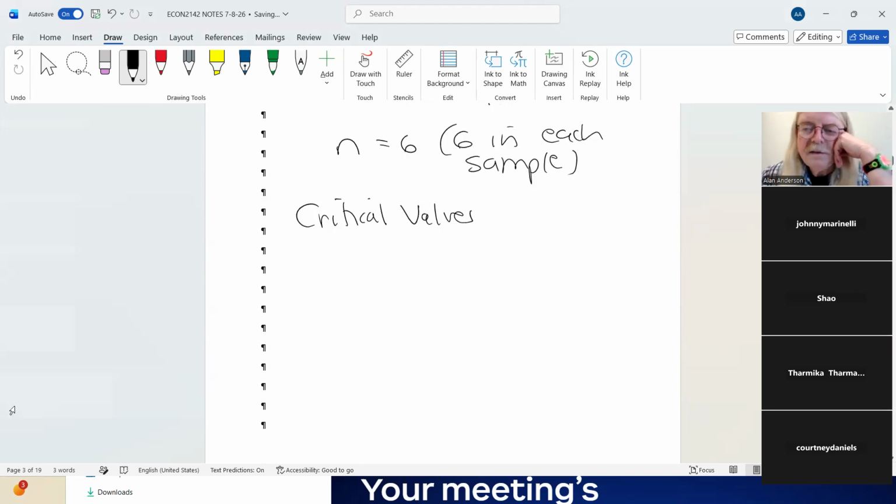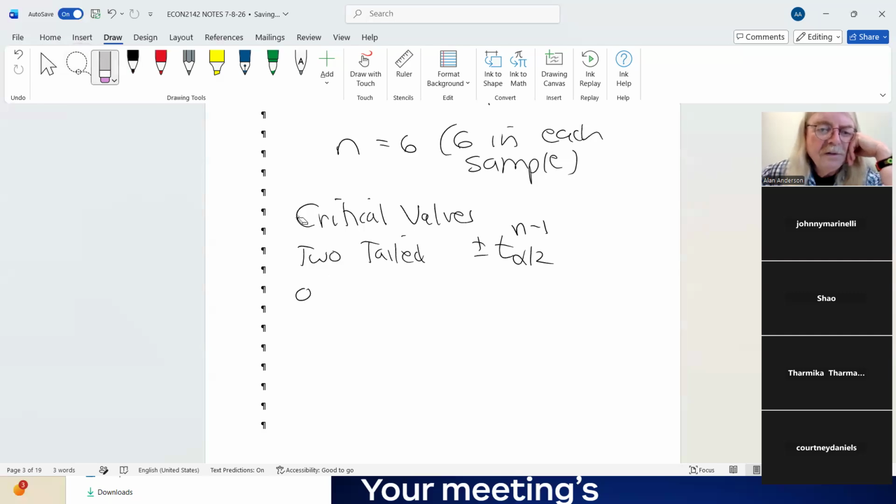And for this test, for two-tailed, it's going to be plus and minus t alpha over 2, n minus 1 is the degrees of freedom. Nice and simple. So then we have right tail.